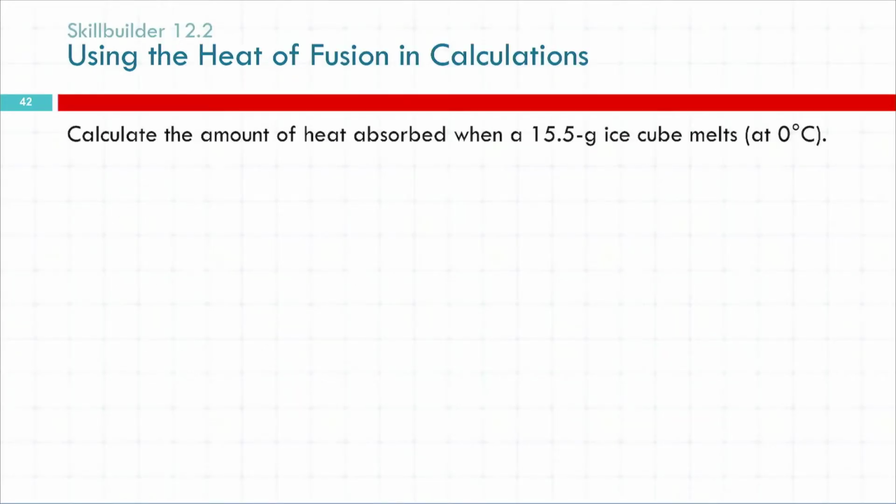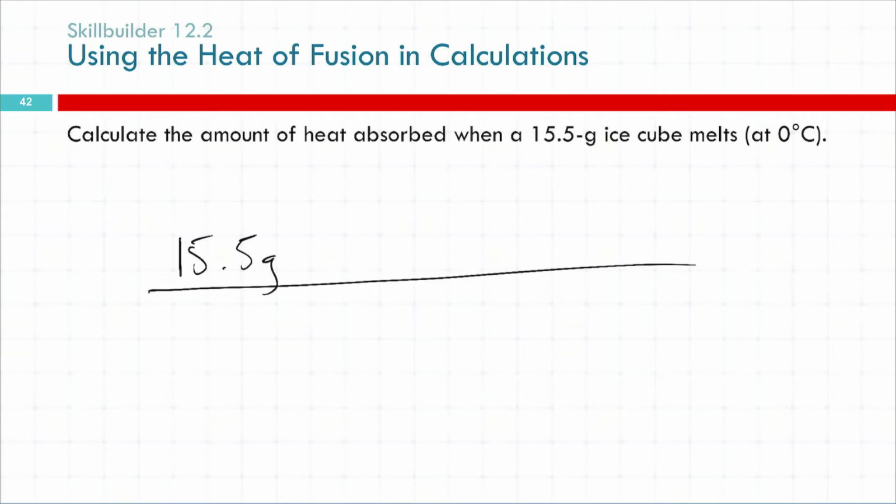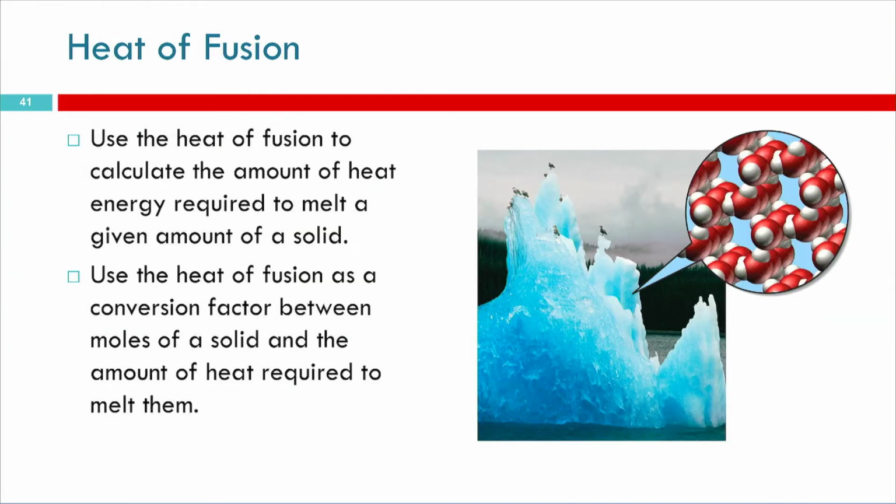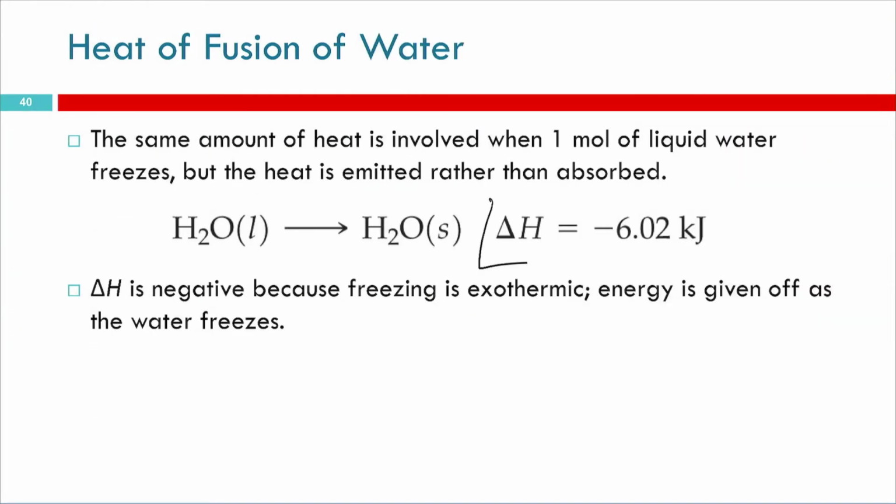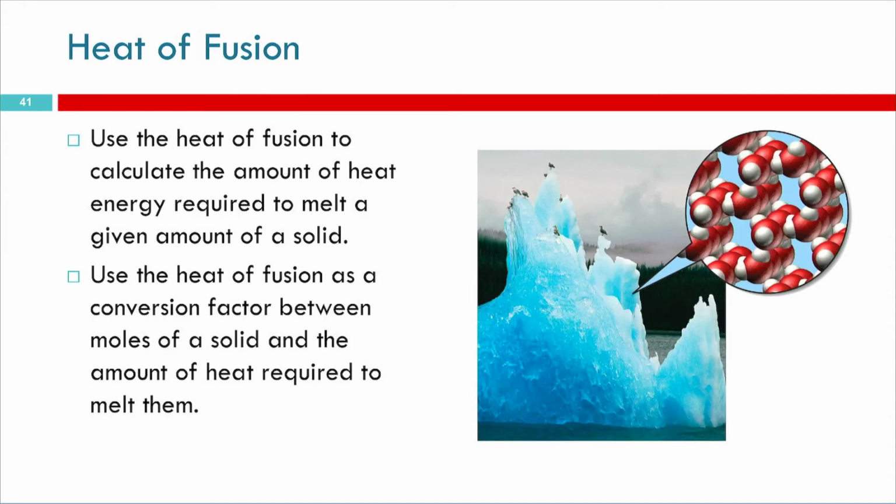So if we have a 15.5 gram ice cube, again, this is a unit conversion problem. And the heat of fusion is negative 6.02 kilojoules.